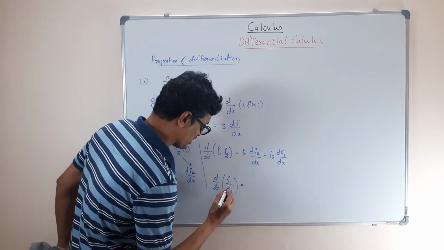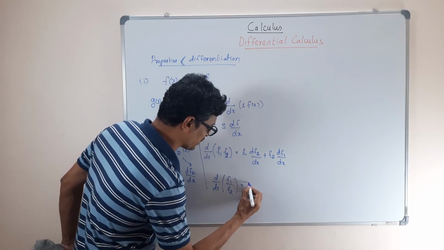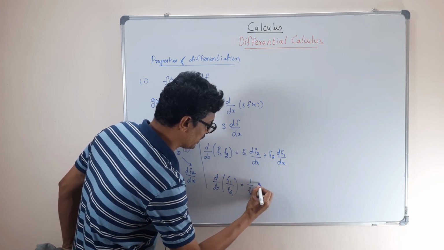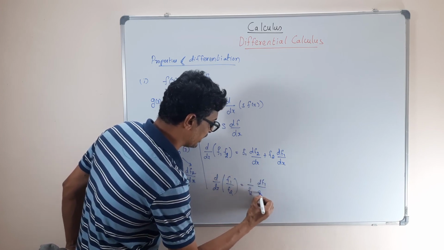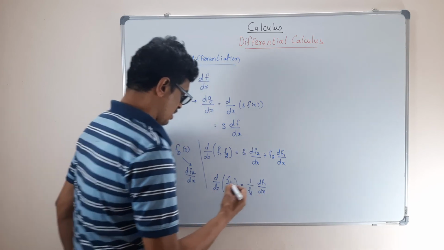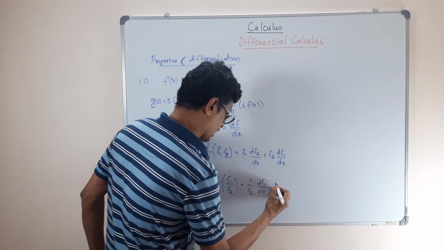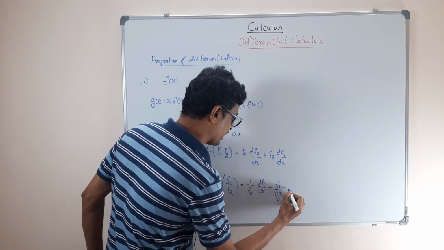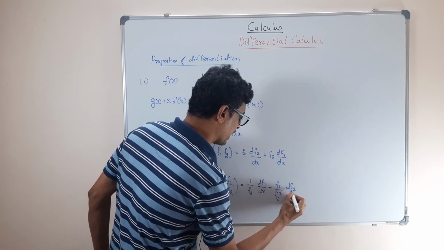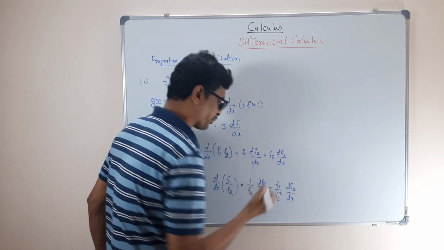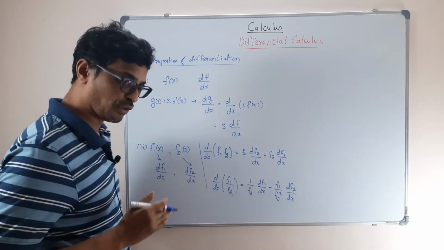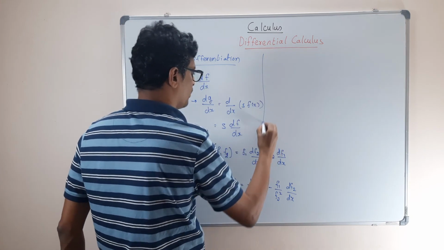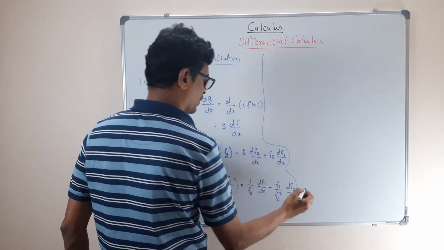So it becomes 1 by f2 into df1 by dx minus f1 by f2 whole square into df2 by dx. You can prove this also later on, in the later classes. For the time being you have to accept all these formulas.